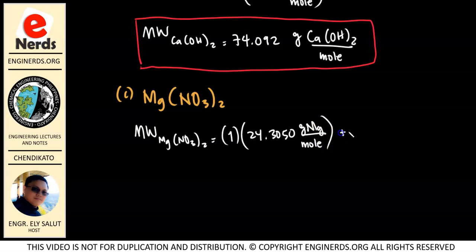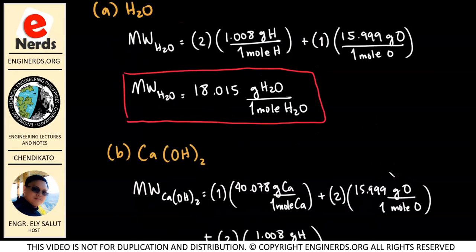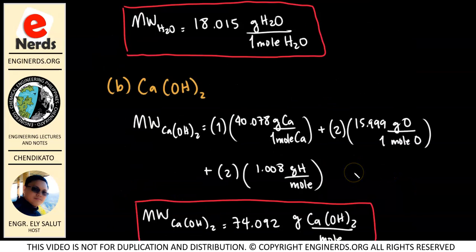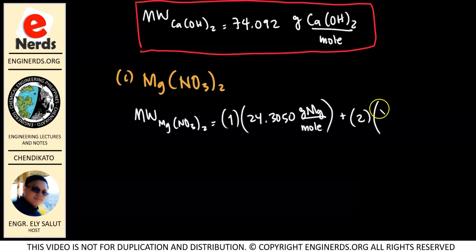Okay? Plus our nitrogen. So how many atoms of nitrogen we have? We have 1 inside the parenthesis times 2, which is outside the parenthesis. So we have 2. And the atomic weight of nitrogen is equal to 14.007. So we have 14.007 grams of nitrogen per mole.